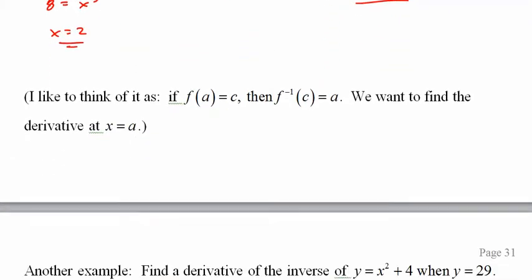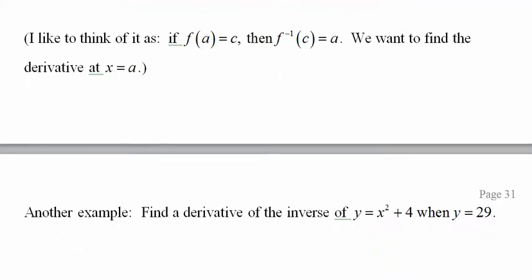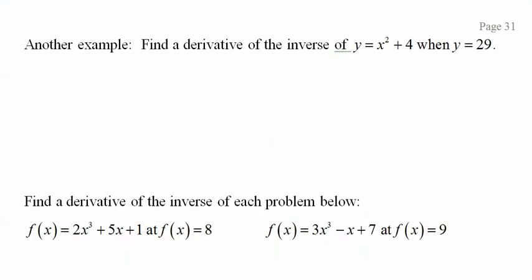So here's something I tried to put together, but if f of a equals c, then f to the negative first of c equals a. We want to find the derivative at x equals a. I'm sorry, I tried. I would try this one yourself. Pause it, see if you can make it happen. 29 equals x squared plus 4. 25 equals x squared.